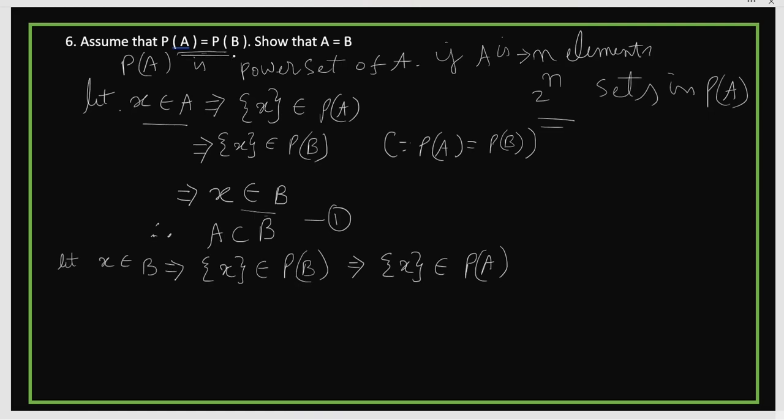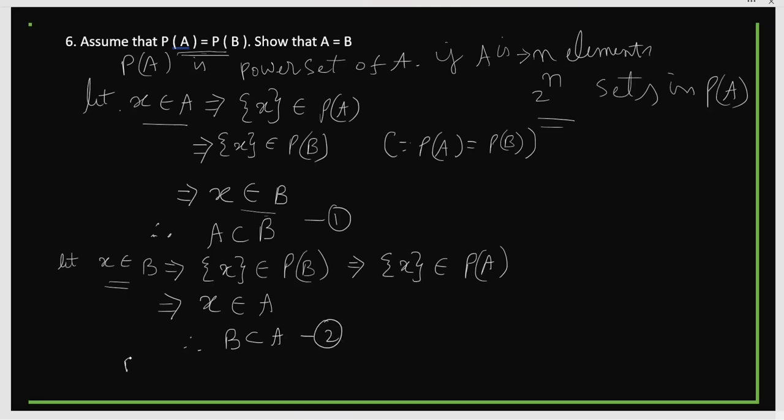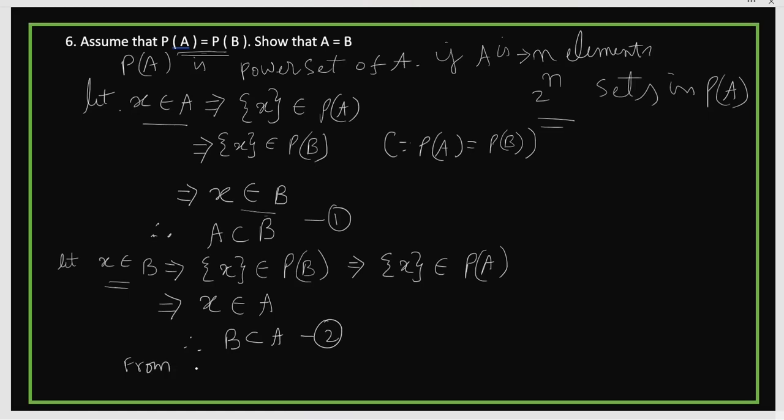It is given. Therefore, this implies x as an element belongs to A. We started with x belongs to B and we proved x belongs to A. Therefore, B is a subset of A. From 1 and 2, A equals B.